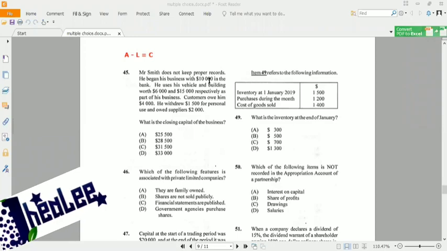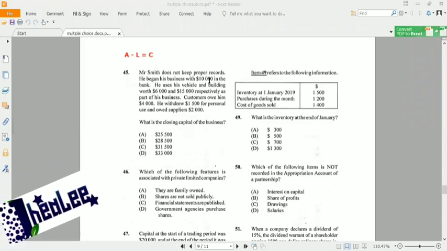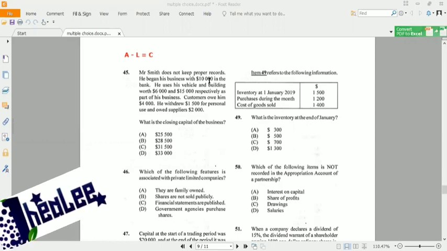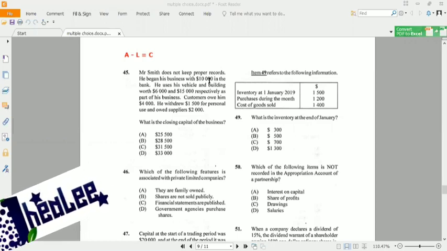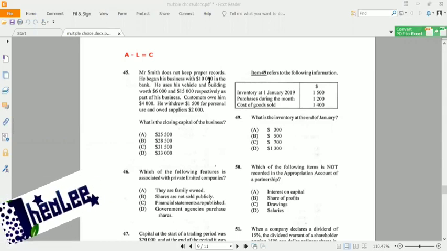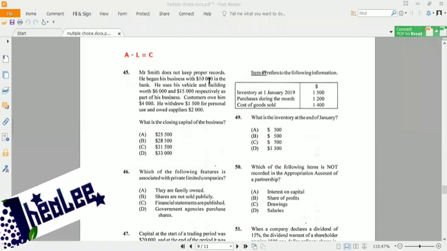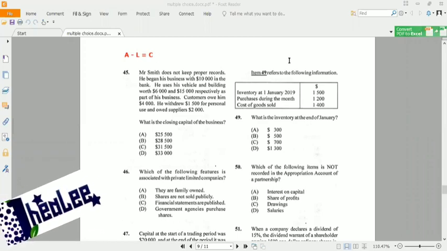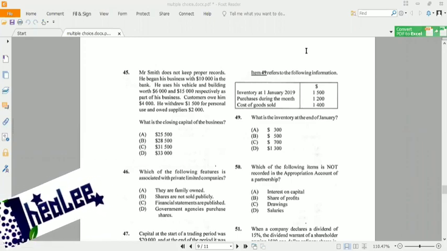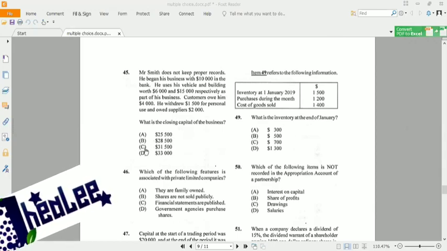And there's a customer that is owing 4,000. Again, that is an asset. The amount that was withdrawn will decrease what is in the business, minus that 1,500, and the amount owed to the suppliers of 2,000 must be subtracted as well. So therefore, our response for the persons that have C, not 21, 31. So the response there is C.